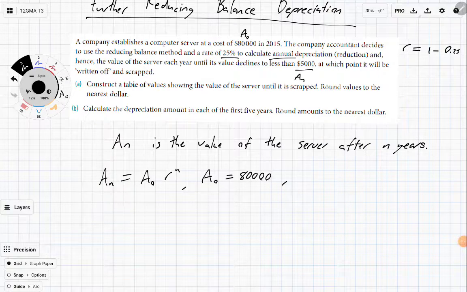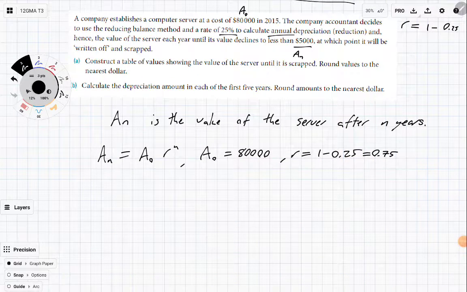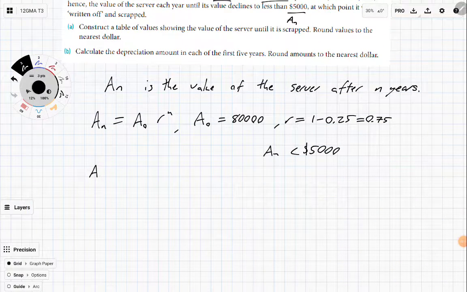R is equal to 1 minus 0.25 or 0.75. And we don't know N. We're waiting until AN is less than $5,000. I'm just using the less than symbol there. You could obviously just write that out. Alrighty, so let's put everything we know into this. AN equals 80,000 times 0.75 to the power of n.